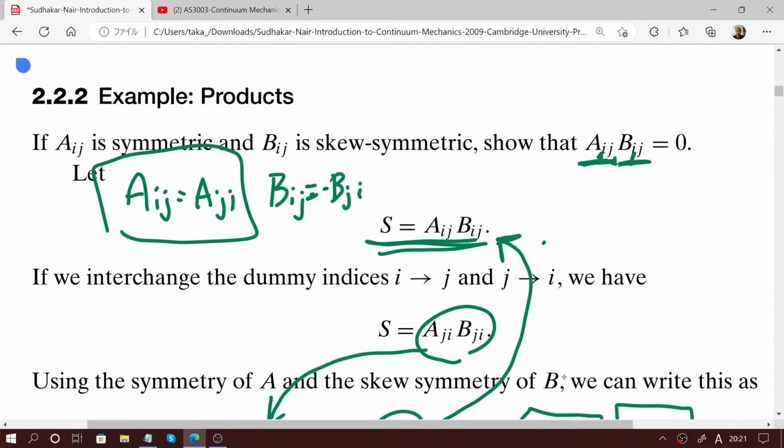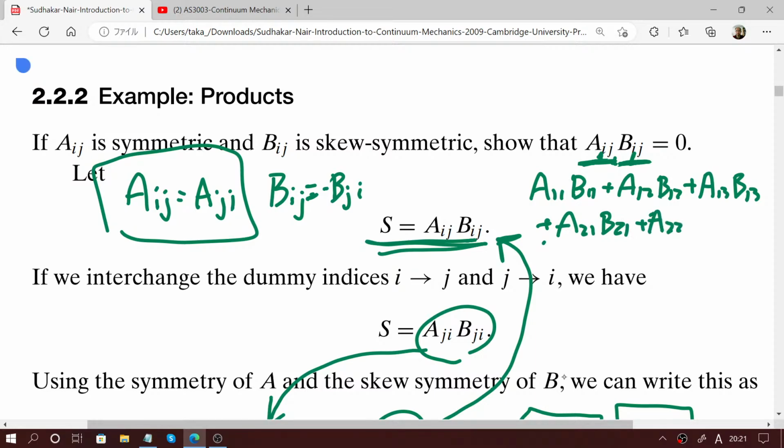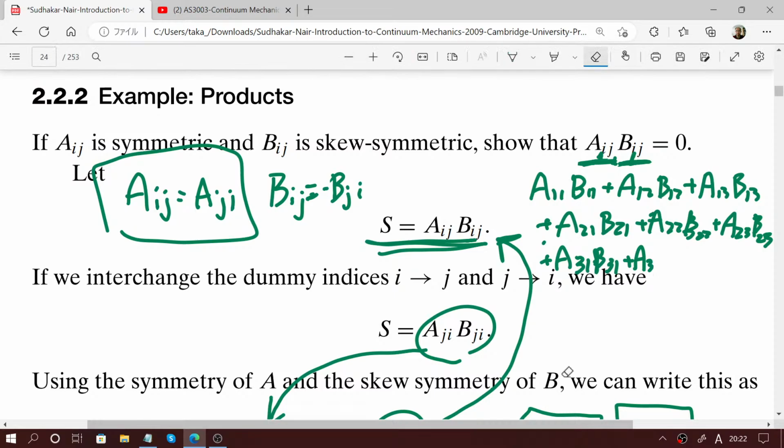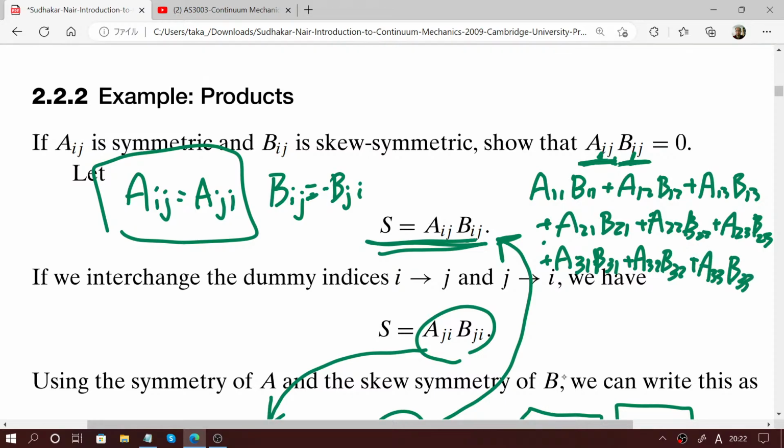You have I, J, I, J. So this is more like A11 B11 plus A12 B12 plus A13 B13 plus A21 B21 plus A22 B22 plus A23 B23 plus A31 B31 plus A32 B32 plus A33 B33. So this is a very strange sum.